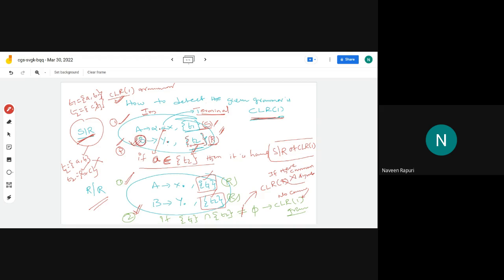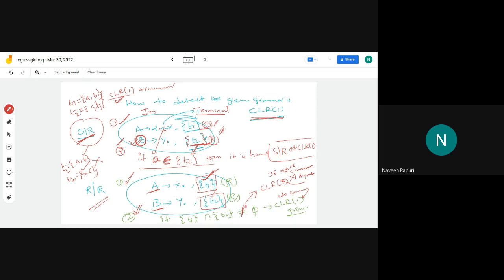In SLR and CLR, the only difference is that in SLR we calculate the follow of B. But here we have the lookahead symbols. That's why there is no need to calculate the follow of the reduced non-terminal. In SLR1 we find the follow of A and the follow of B. The intersection of follow of A and follow of B should equal pi.